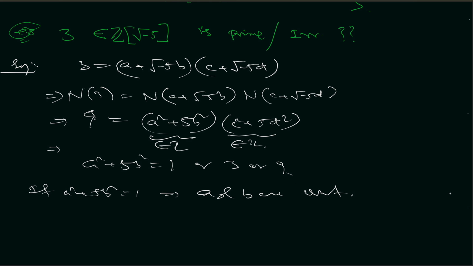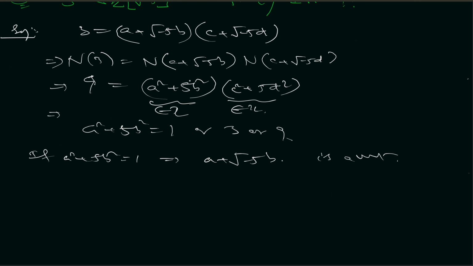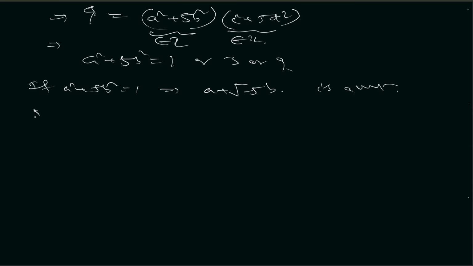The norm is 1 if and only if the element is a unit. Okay, and if a square plus 5b square equals 3, this implies that there is no solution.